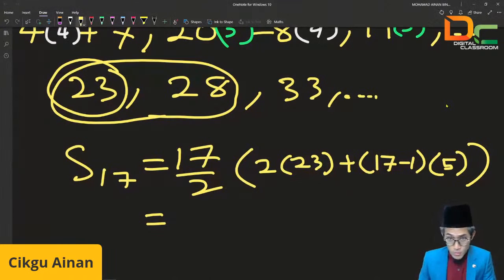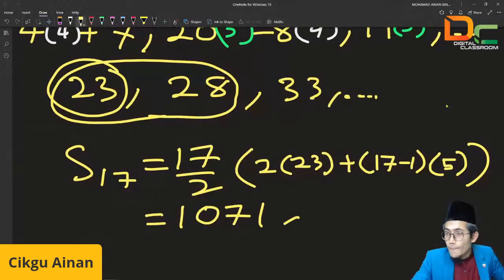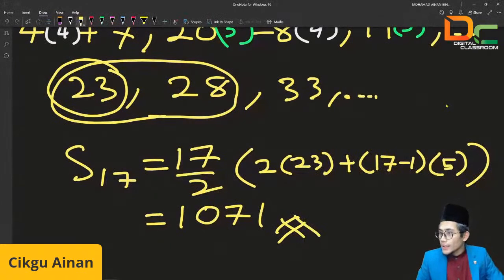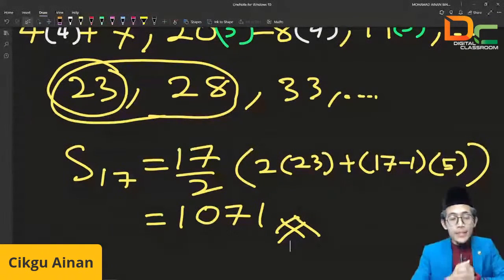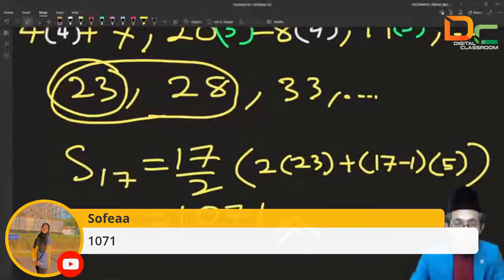Betul tak? N is 3, sir. Yes. Betul? So the sum of the first 17 terms is 1071.